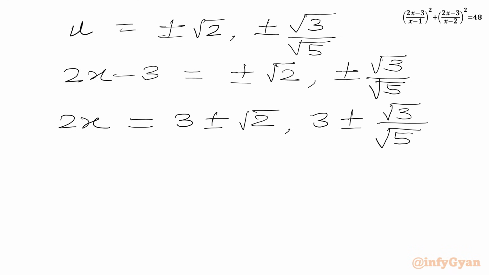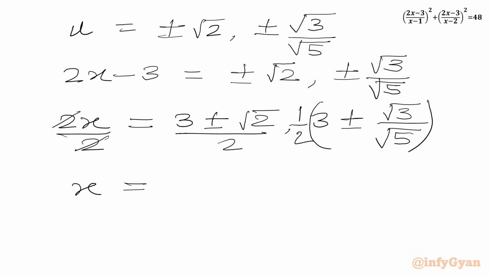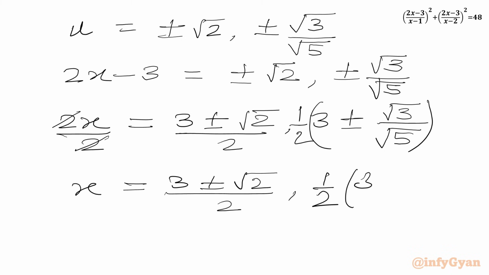So we will write here divided by 2, divided by 2, and here we'll write half. So 2 over 2 will be 1. We will get x equal to 3 plus minus square root 2 over 2 times half 3 plus minus square root 3 over square root 5.